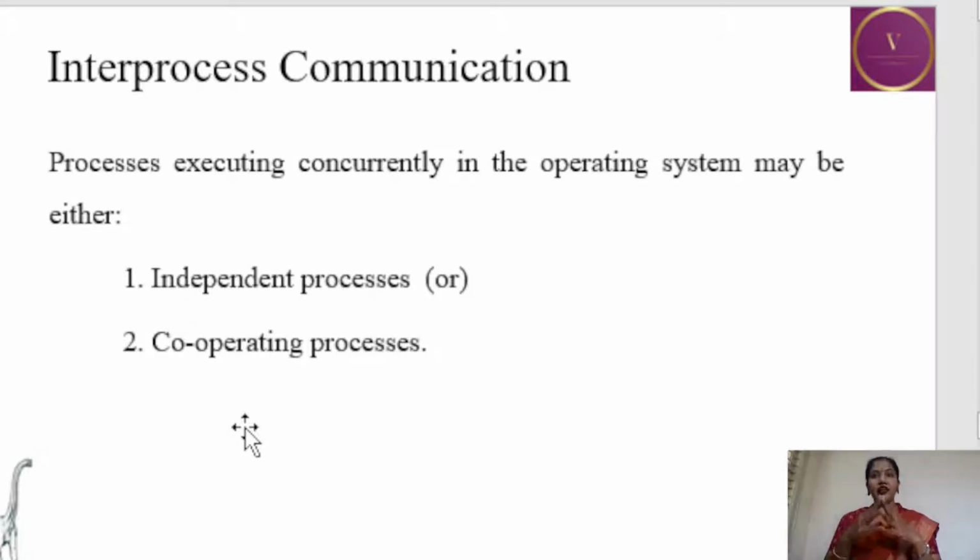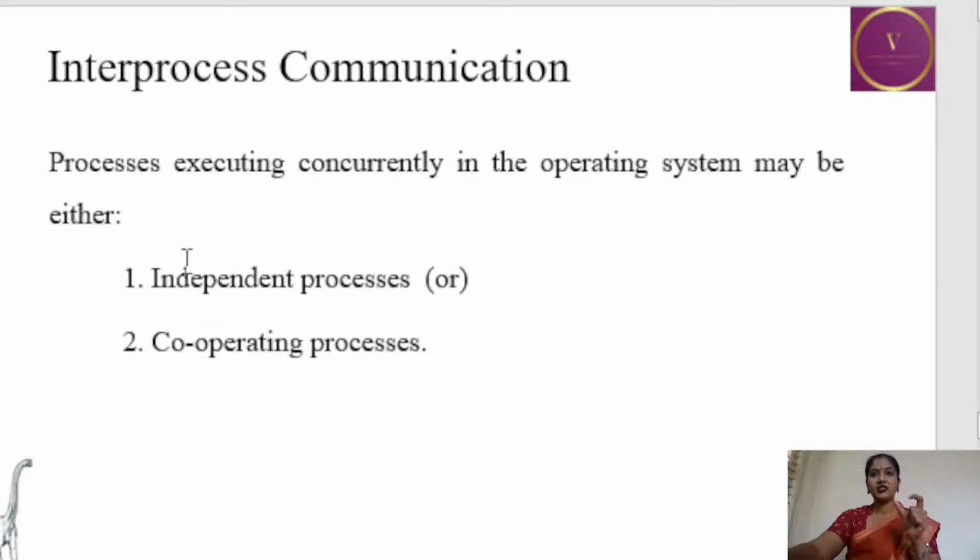Processes executing concurrently in the operating system may be either independent processes or cooperating processes. Concurrently means these processes will be running at the same time.